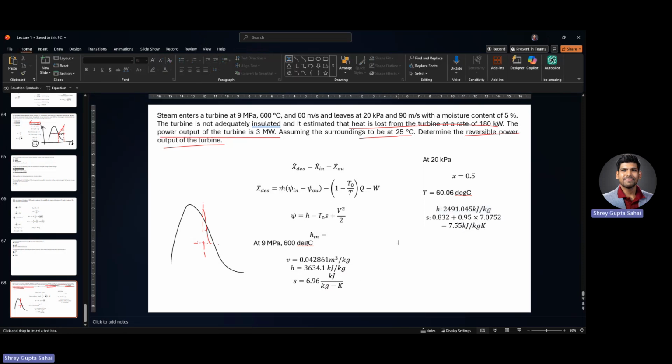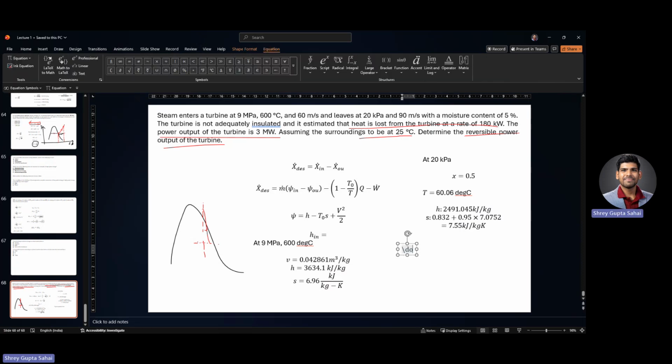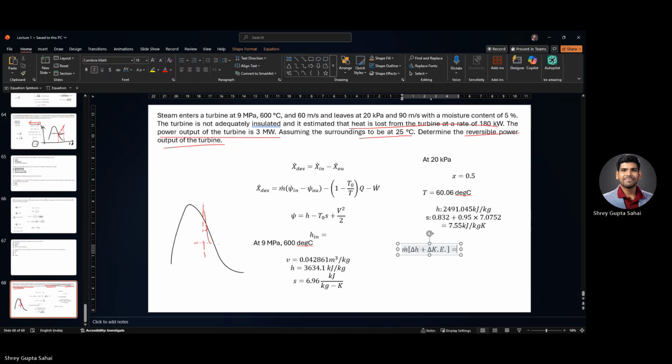What does the first law say? First law says that delta H equals delta kinetic energy minus work.